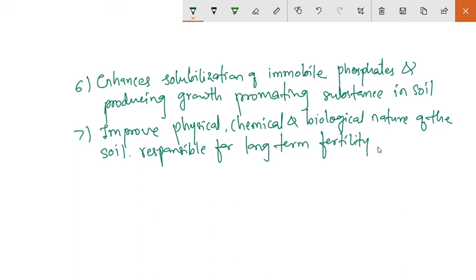Okay, then it reduces the pH of soil and helps soil to retain exchangeable calcium.